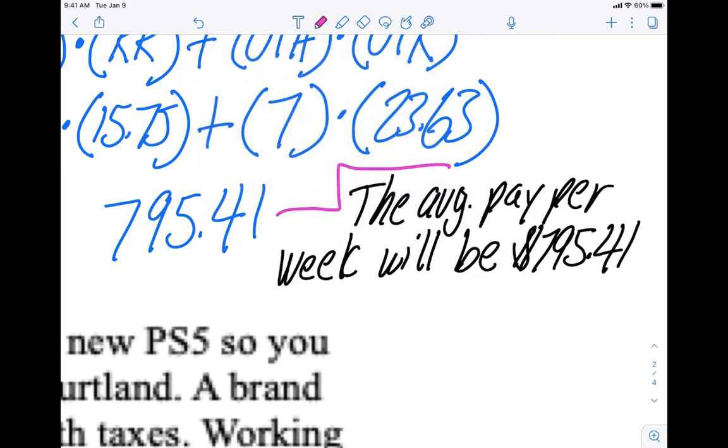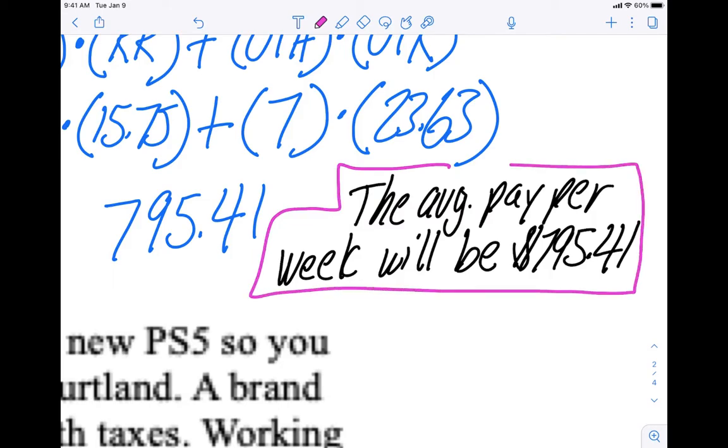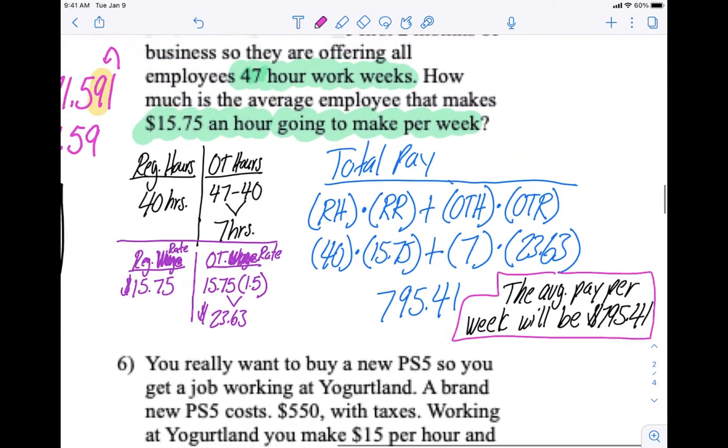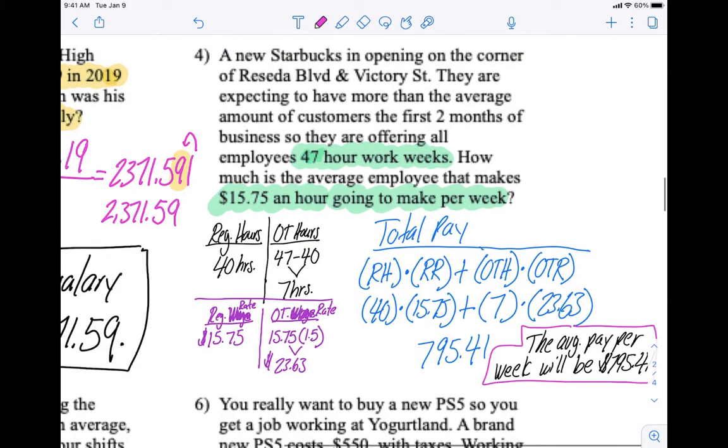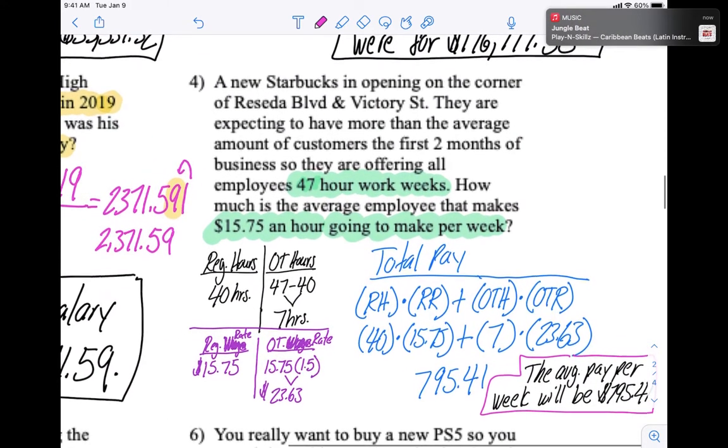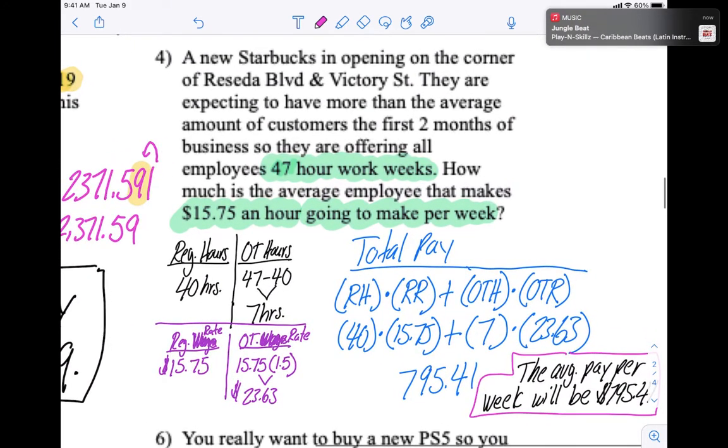There you go. Look at that. That is our number 4 right there.